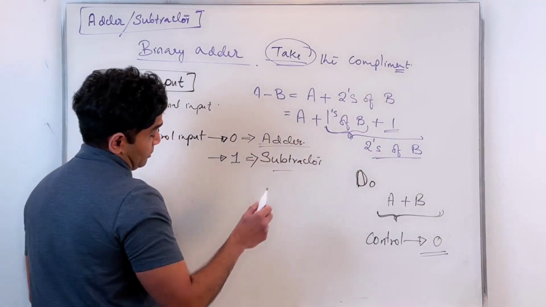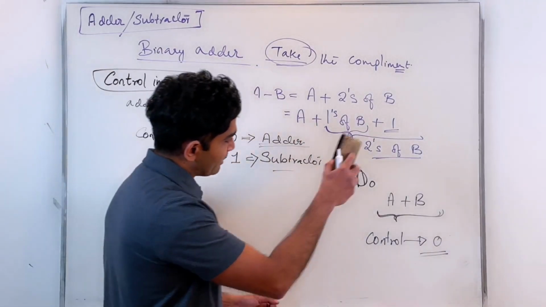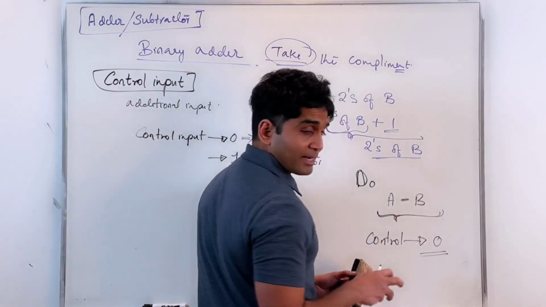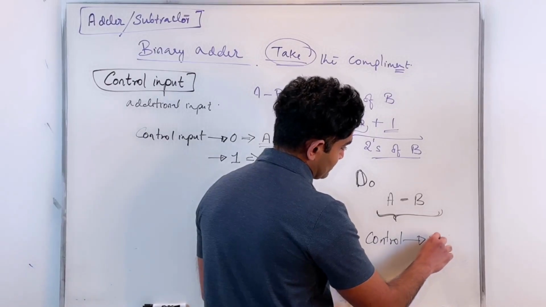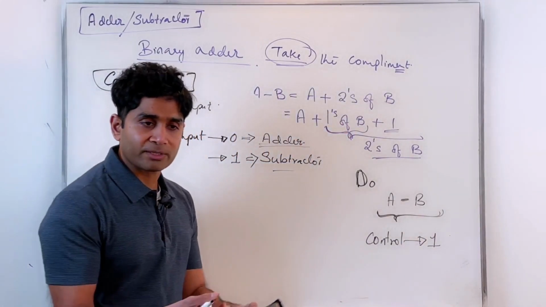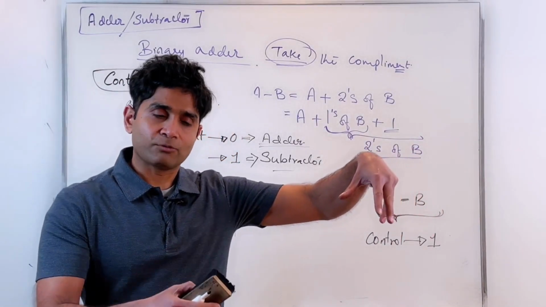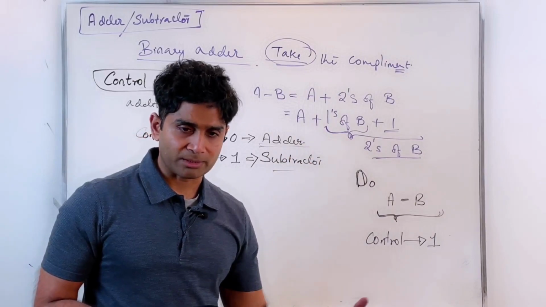On the other hand, if in my code I write A minus B, then the hardware places a control of 1, so that your adder is now configured as a subtractor. These numbers are applied on my adder, the adder is configured as a subtractor, and you get the subtraction operation through the hardware.